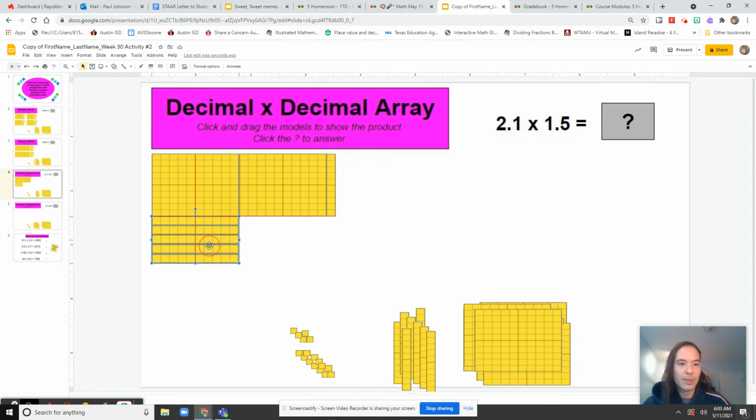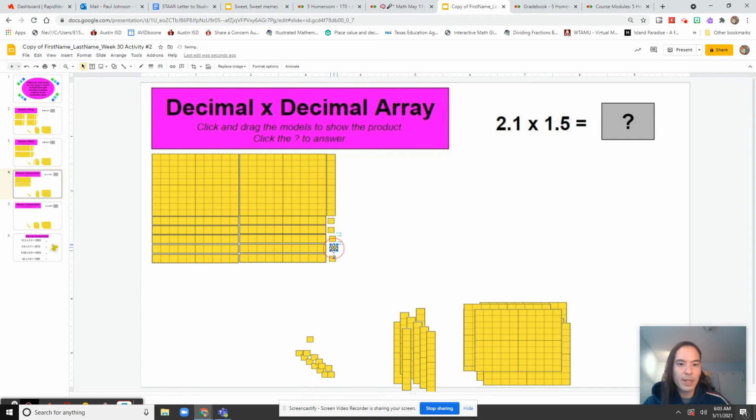Sideways. And then we have 1, 2, 3, 4, 5 spots for hundredths.